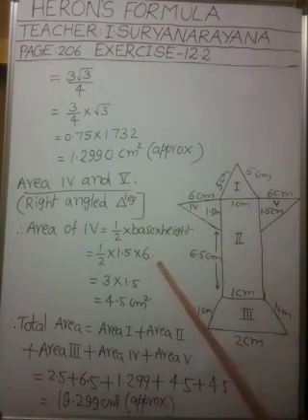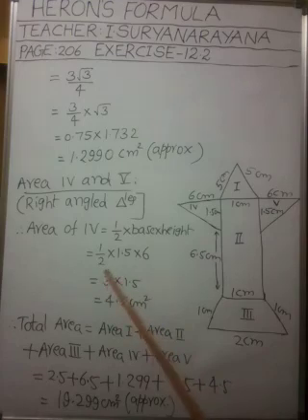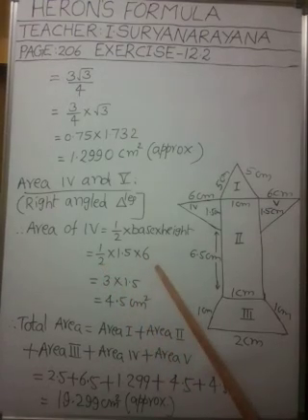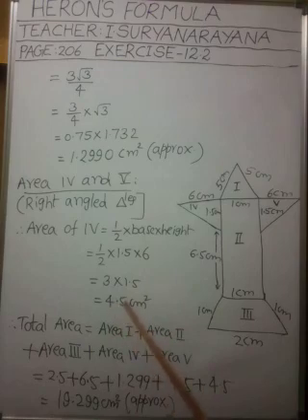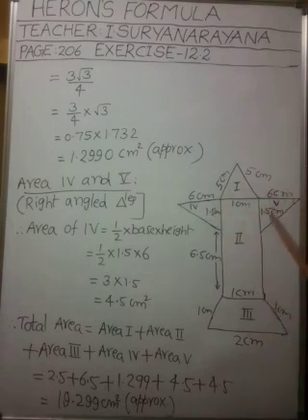Understood this step, my children? Right. That is equal to 2 ones are 2, 3 s are 3. Then what will you get here? 3 into 1.5. Understood this step, my children? Right. By multiplying these two numbers, what will you get here? 4.5 centimeter square. This is the area of 4 as well as the area of 5.